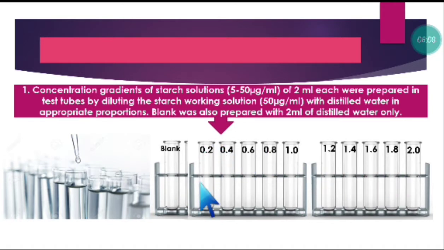In the first test tube, you will take 0.2 ml of starch with 1.8 ml of water. Here you will take 0.4 ml of starch with 1.6 ml of water. So the volume will be 2 ml in all the test tubes. And also a blank was prepared by taking only 2 ml of distilled water.